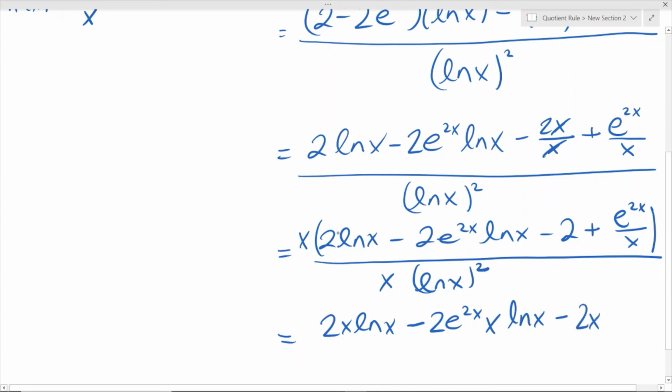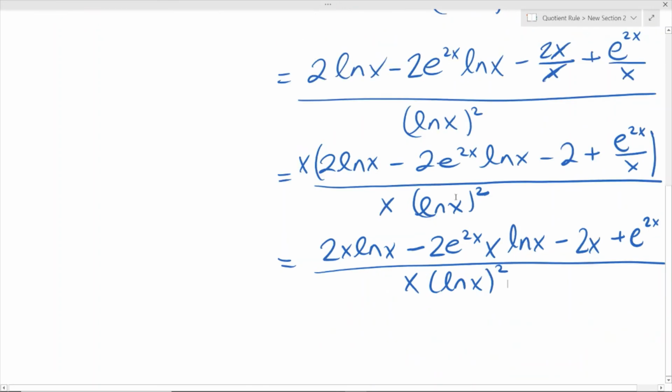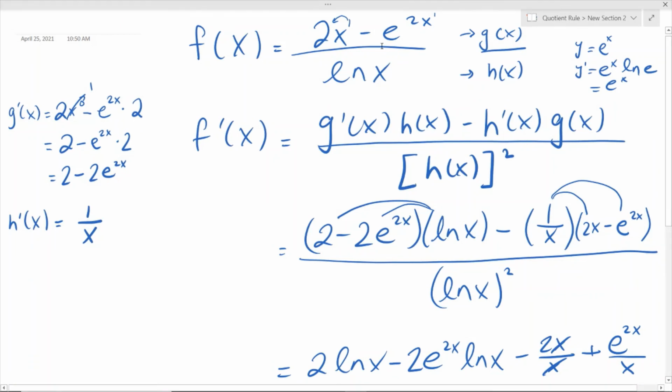And then here, the x times this, right? This is x to the exponent of negative 1 if we were to write it in the numerator. Well, this x and this x in the denominator are going to cancel. So it's just going to be positive e to the exponent of 2x. And this is all over x times ln x squared, just like that. Alright, so we have found the derivative of f of x.